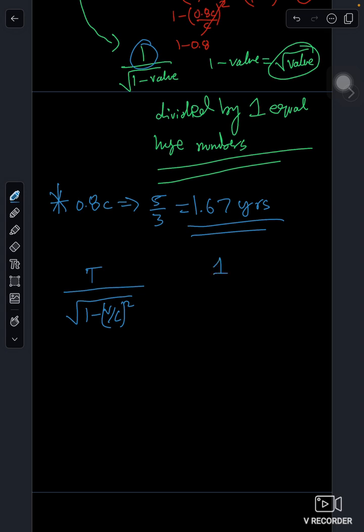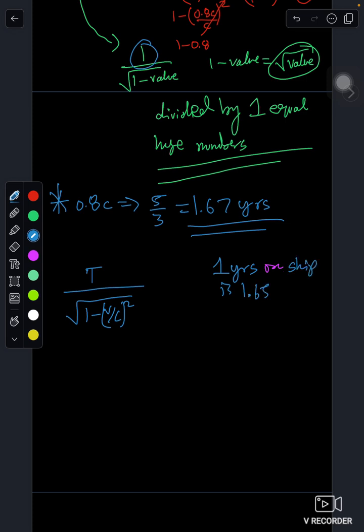So this shows that 1 year on that ship is 1.67 years on Earth.